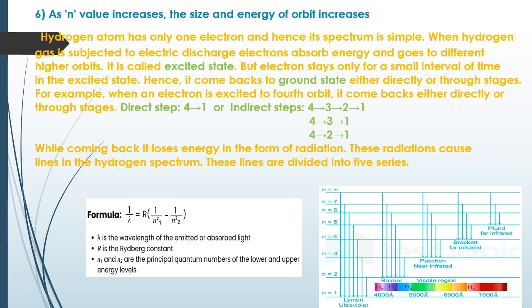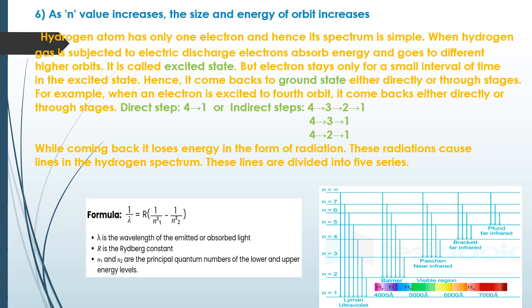We can calculate the wavelength of these spectral lines using the Rydberg equation, that is, 1 by lambda equals R within the brackets 1 by n1 square minus 1 by n2 square.